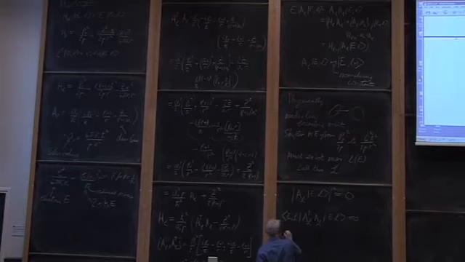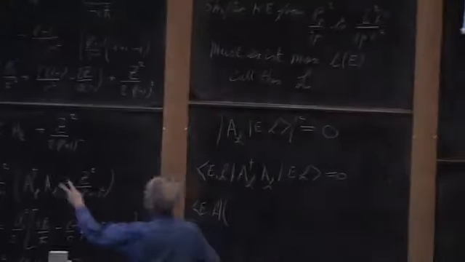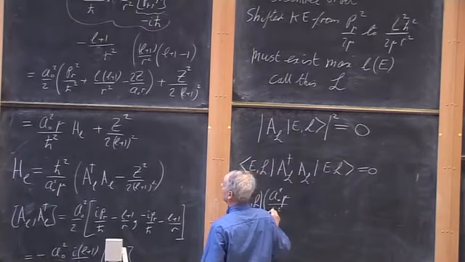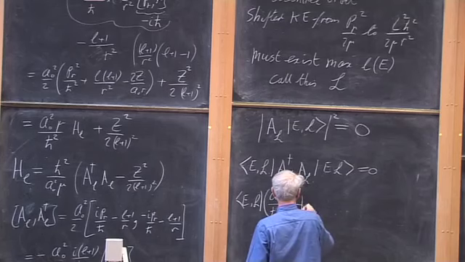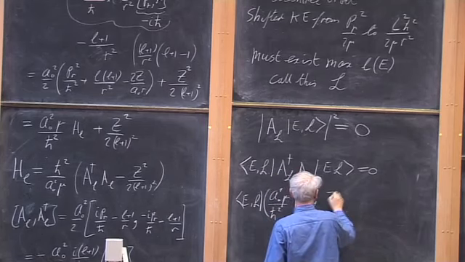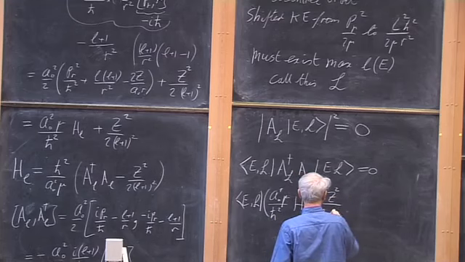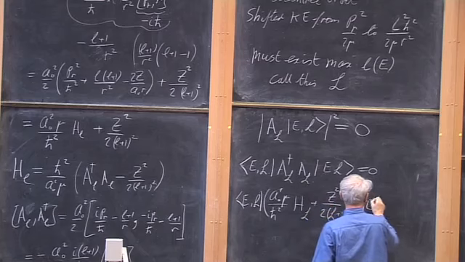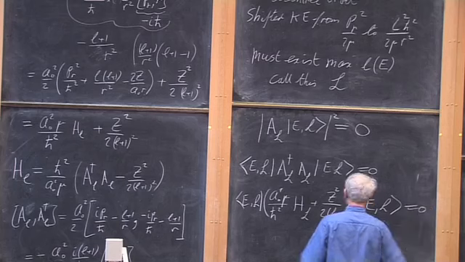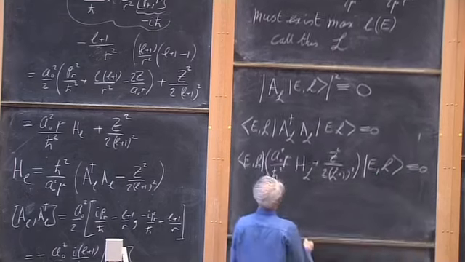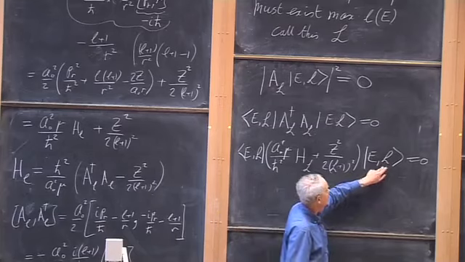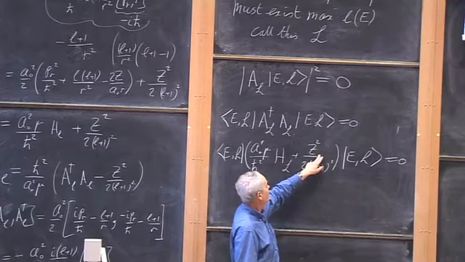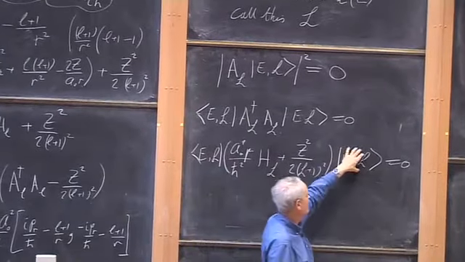So we get E, curly L, onto A naught squared mu over H bar squared, H curly L plus Z squared over 2 curly L plus 1 squared, close the bracket, E, curly L. But this is an eigenfunction of this operator with eigenvalue E. This is a boring number, so it stands by whilst this bangs into that and makes a 1.